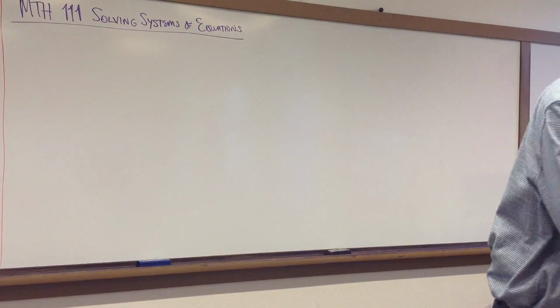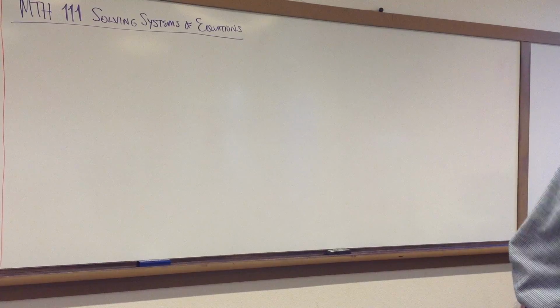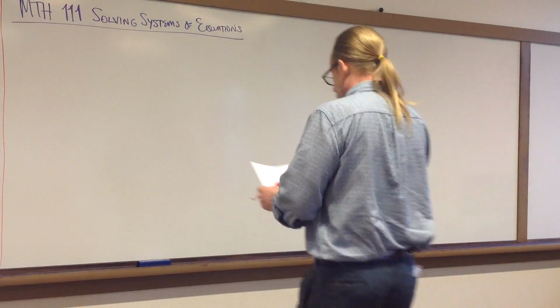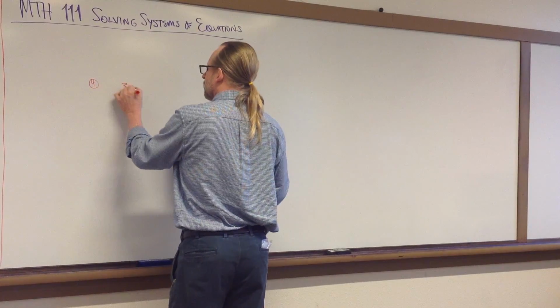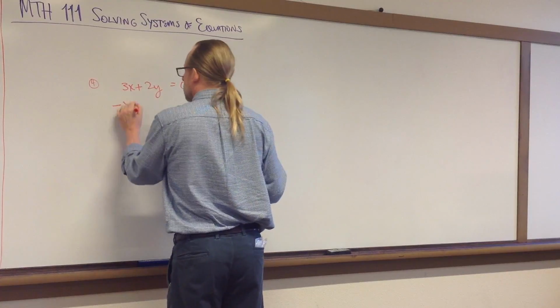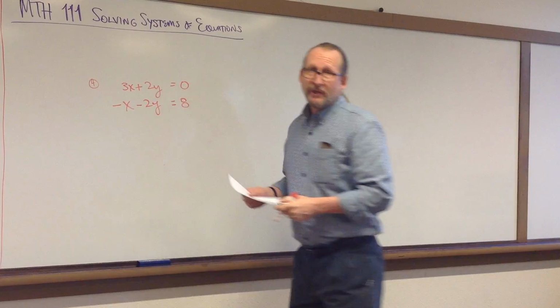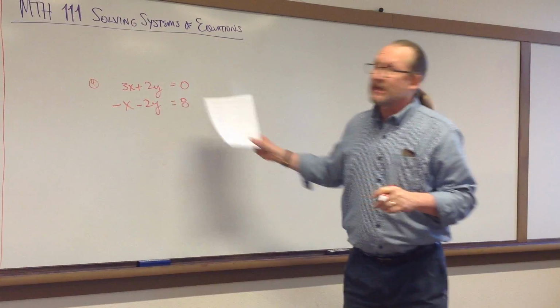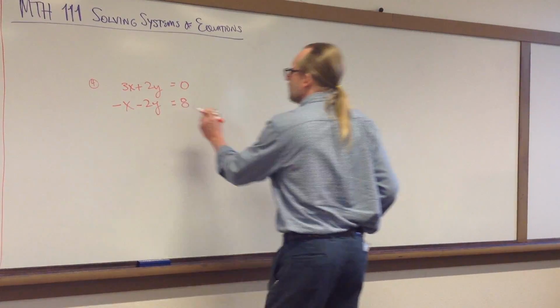Okay, let's see here. Problem 4. Let's see, we've got 3x plus 2y equals 0. Negative x minus 2y equals 8. Well, this one is set up really nicely to eliminate the y's. All we have to do is add the equations together.